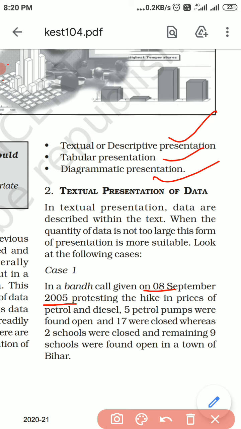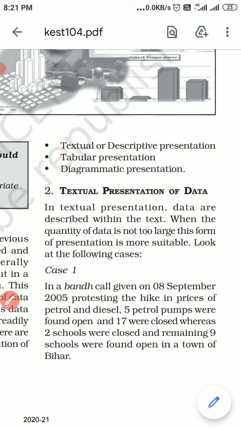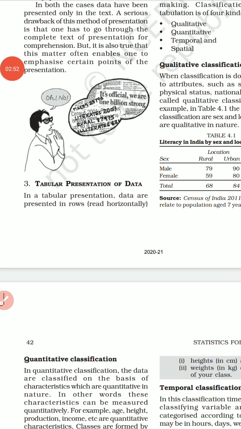So the data is not very large and it need not make a table. So we just can show the small data in a form of sentence. So this is called a textual.